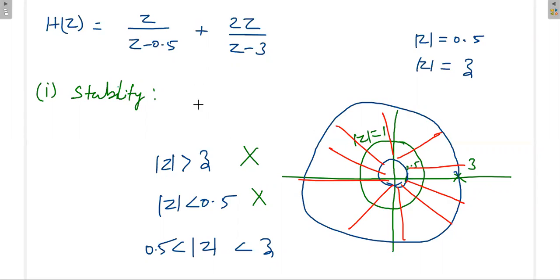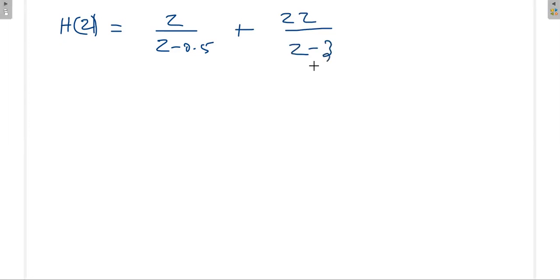So H of z. Now we have clearly defined that for stability, the ROC is in between the circles, that is 0.5 to 3. So what is H of z now? H of z is equal to z by z minus 0.5 plus 2z divided by z minus 3.